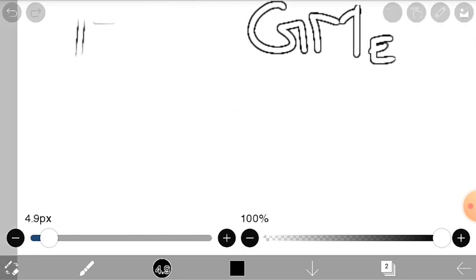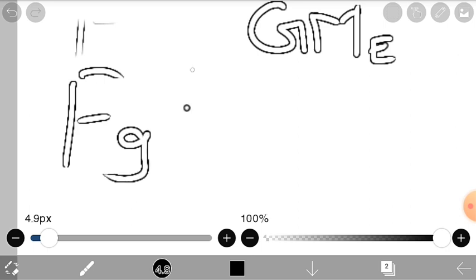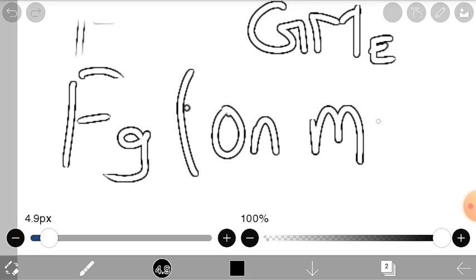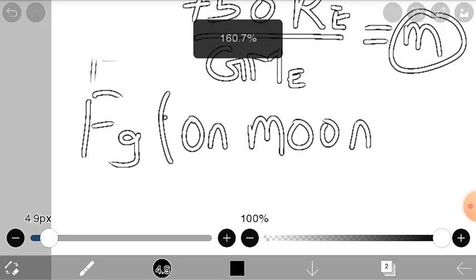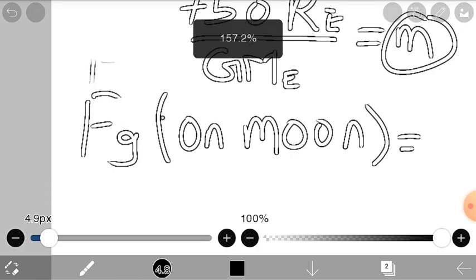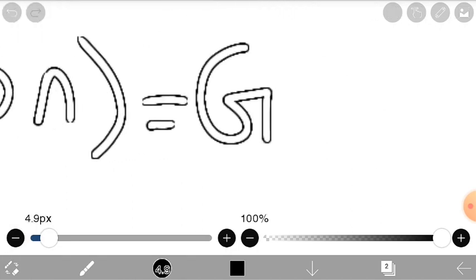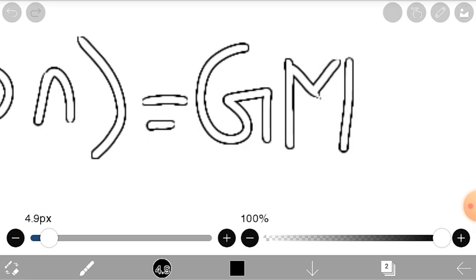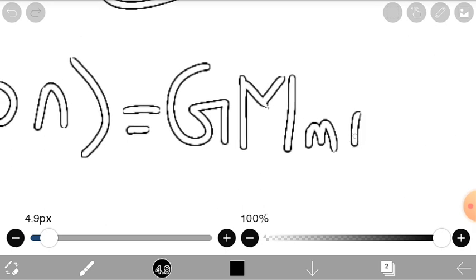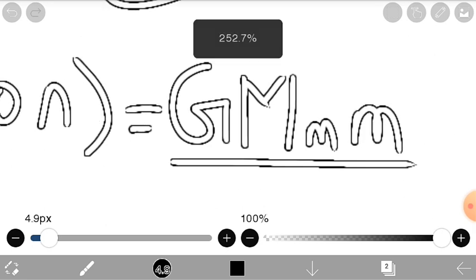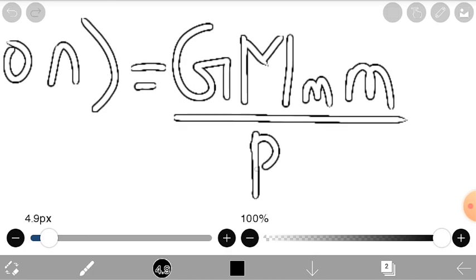Therefore what is the gravitational force of moon? Gravitational force on moon, Fg on moon, is equal to G into mass of moon, mass of person upon radius of moon square.